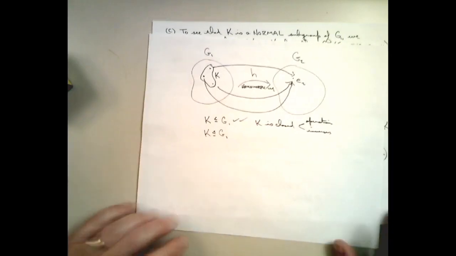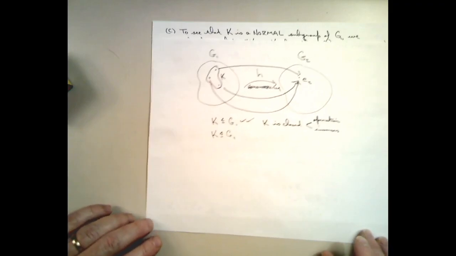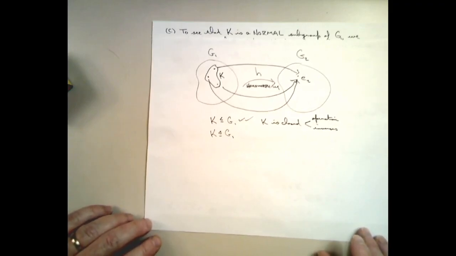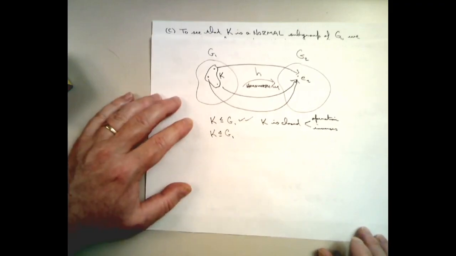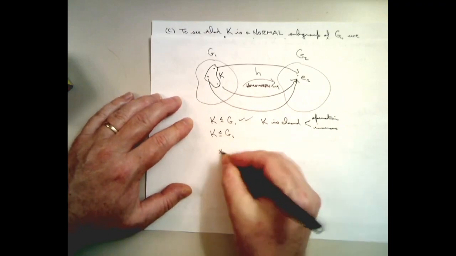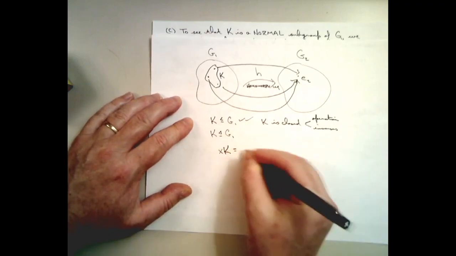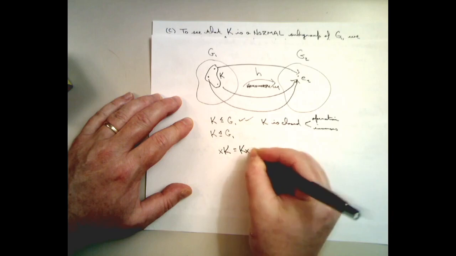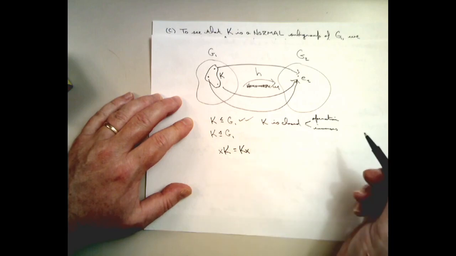So how do you show that a subgroup is normal? Well, by definition, we could show that left cosets and right cosets were equal. That's not going to be the most straightforward way of doing it for this particular result.